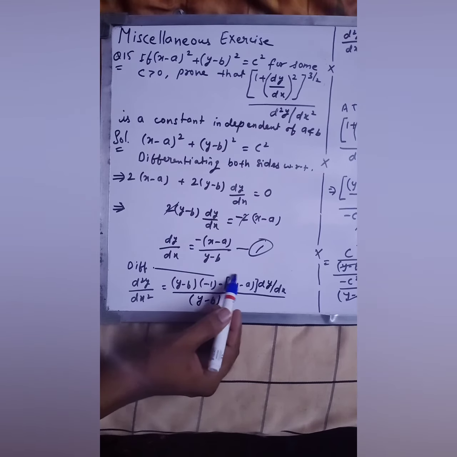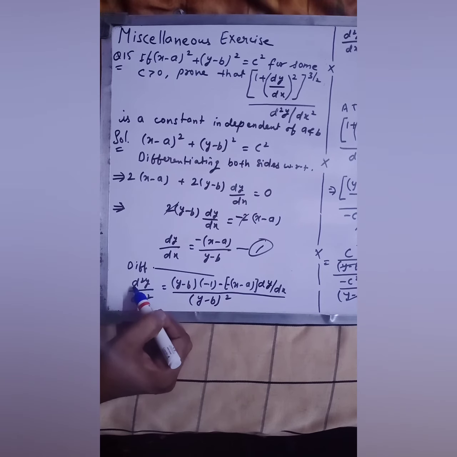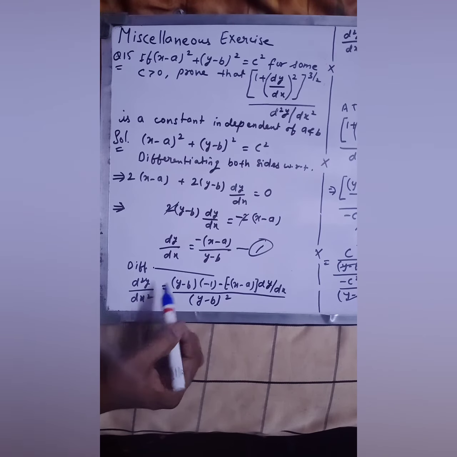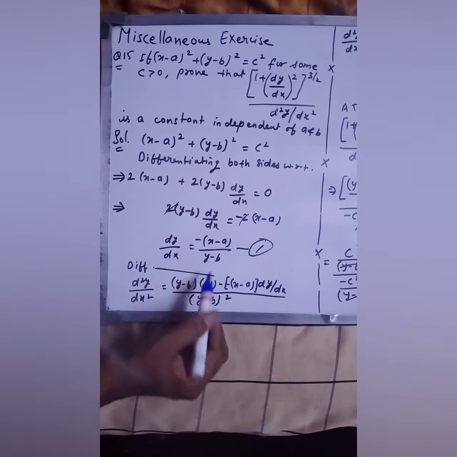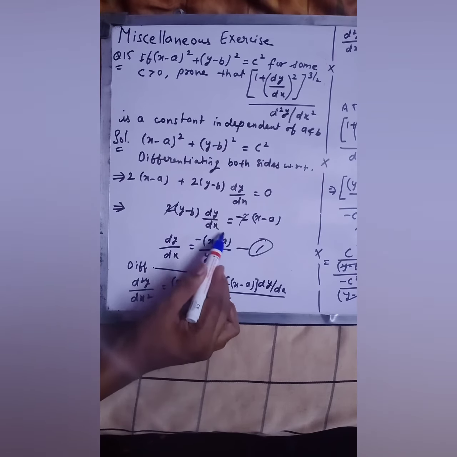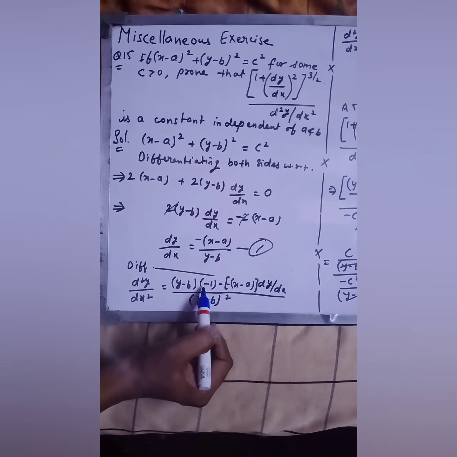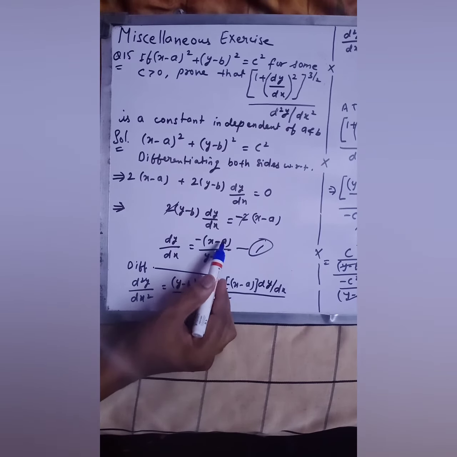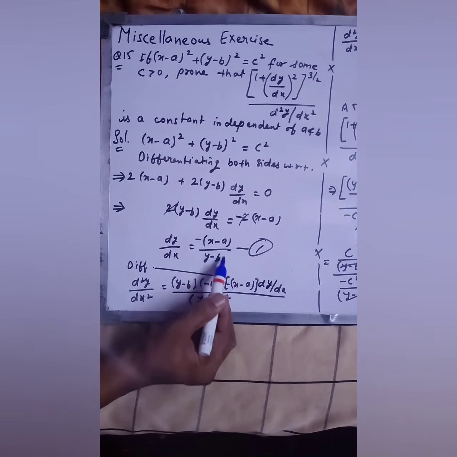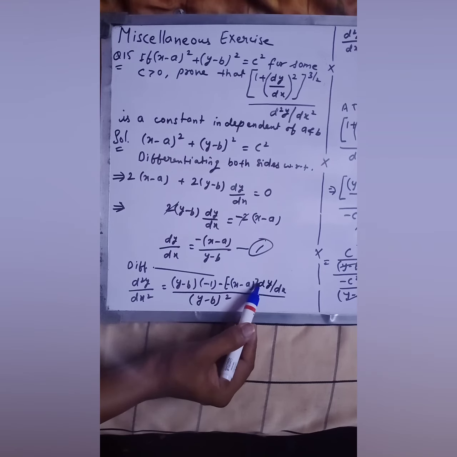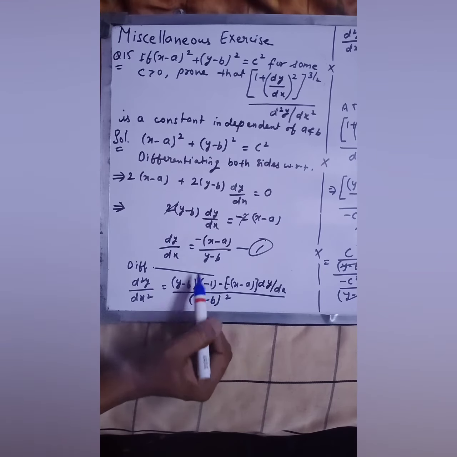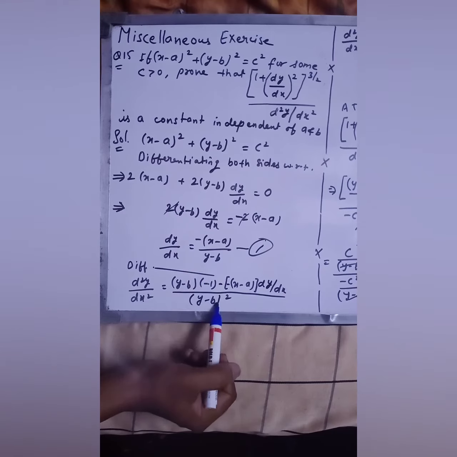Now we are differentiating again with respect to x. So this will give you d square y by dx square equals, here you have to apply the quotient rule. So y minus b will remain the same, the derivative of this will give you minus 1, minus this will remain the same, the derivative of this will give you dy by dx, over the square of this.